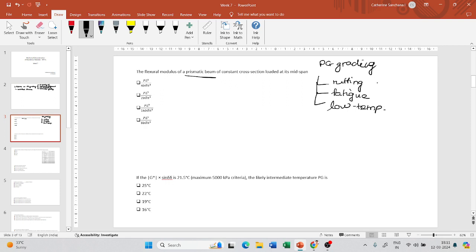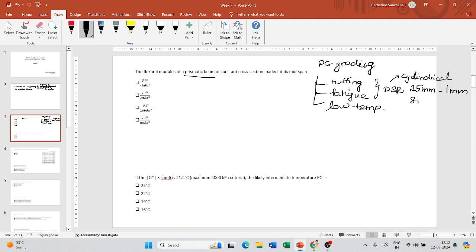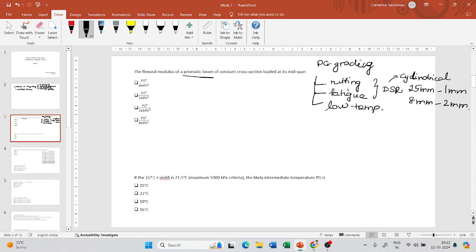For these, you test using a dynamic shear rheometer, for which the sample is a cylindrical sample of diameter 25 mm and height 1 mm for rutting, and diameter 8 mm and height 2 mm for fatigue. So here the sample is cylindrical.